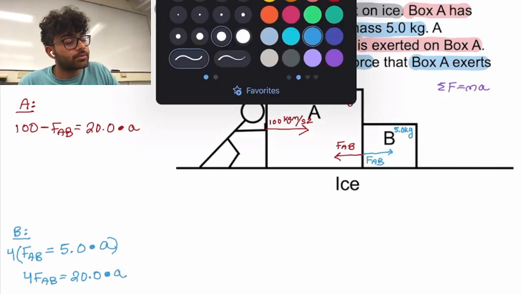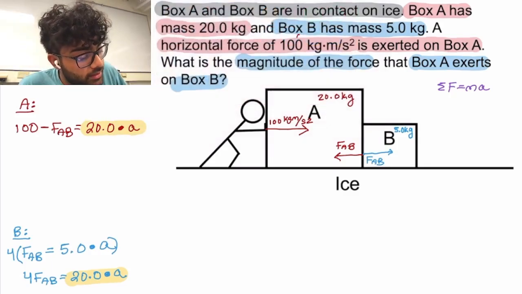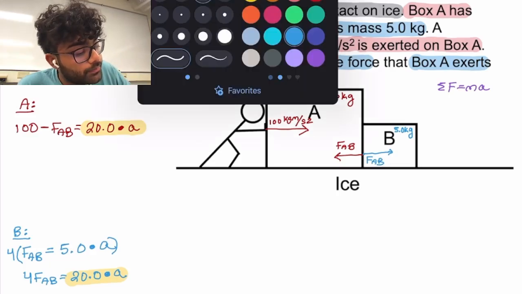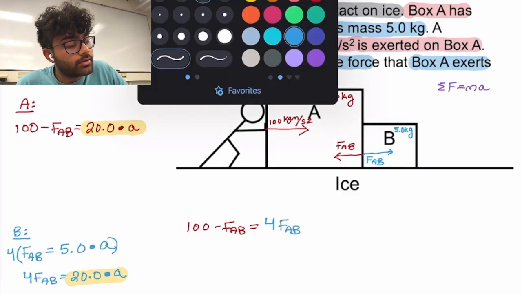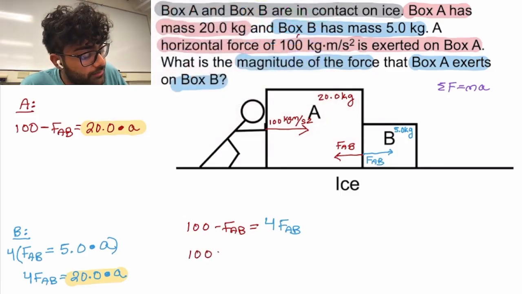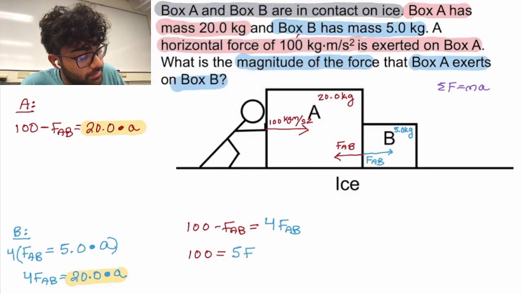And now we can plug right in to our equation for box A. So we see that 100 minus force AB is equal to 4 force AB, or that 100 is equal to 5 force AB.